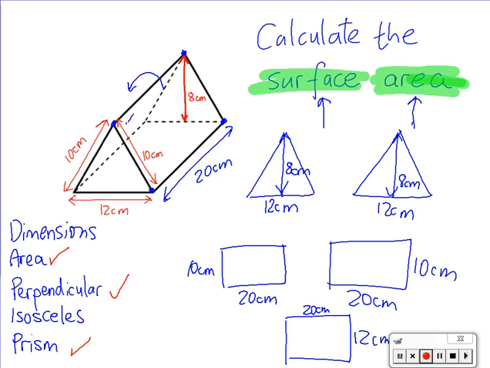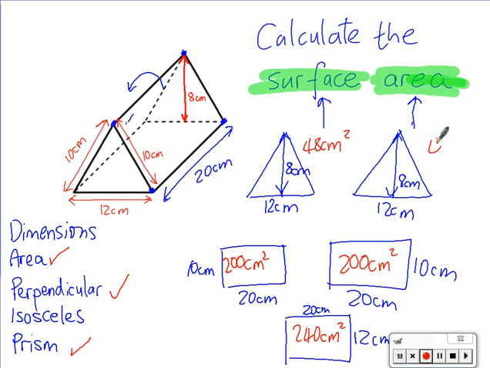So take your time on this, but I'm going to go quite fast. This rectangle here is 200 centimeters squared. This one here is 200 centimeters squared. This one below is actually 240 centimeters squared. That's 20 times 12. The triangle here is the base times the height, the perpendicular height, divided by 2, which turns out to be 48.